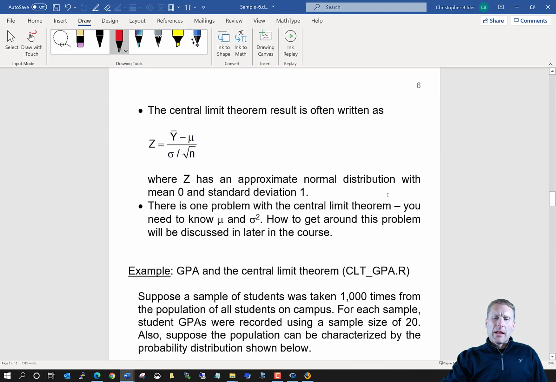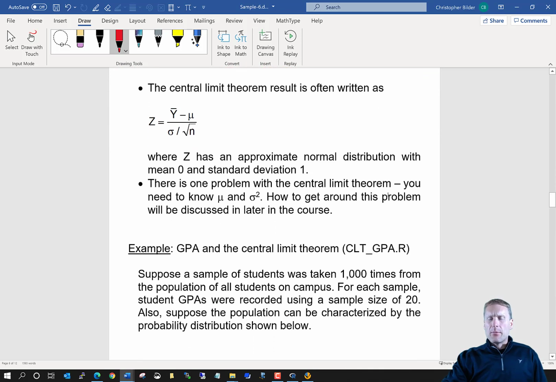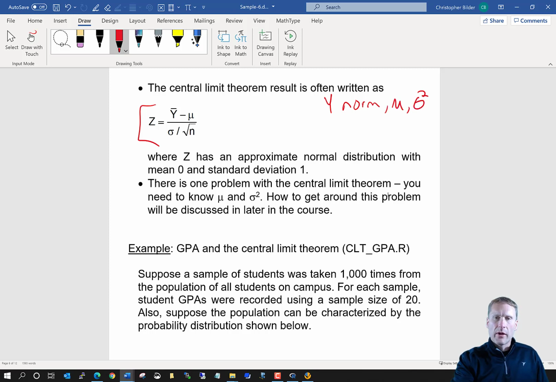Now, I would say probably most books will represent the central limit theorem with this expression here. Let's talk about this. Remember, if y has a normal distribution with a mean of mu and variance of sigma squared, we can also use a standard normal distribution with a transformation of y minus mu divided by sigma.